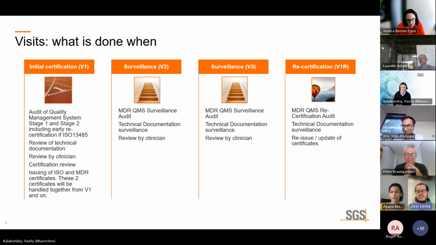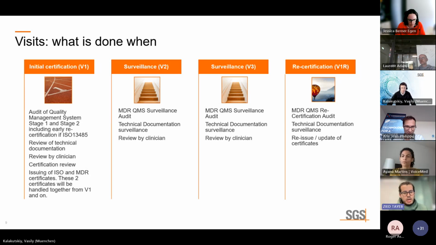Please. Okay, appreciate the nitty-gritty details. Two questions, if I may. The first one is, as far as class 2A medical devices are concerned, what are the key differences between the MDD and the MDR, and how do they impact us as a company?